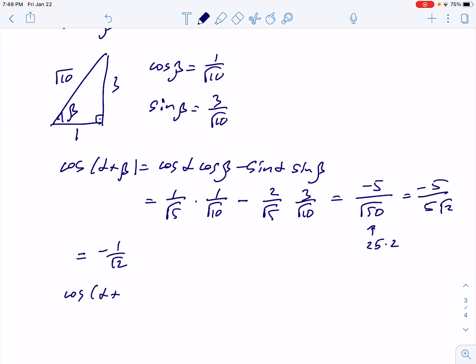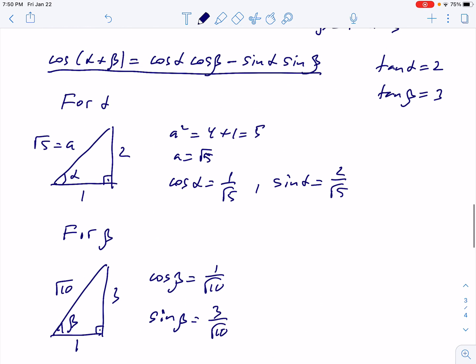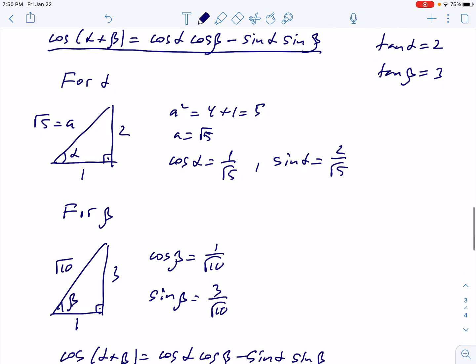Cosine of alpha plus beta is negative 1 over root 2. And we can even tell what alpha plus beta will be. Alpha and beta both are angles in the first quadrant. When you add them, the sum can still be in the first quadrant or can go to the second quadrant.